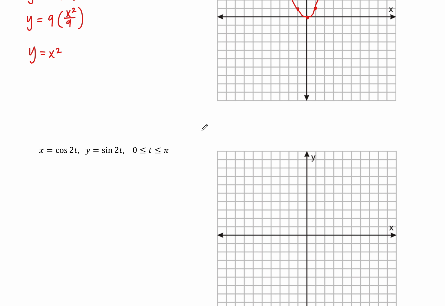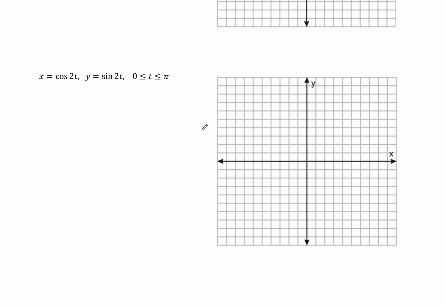So now let's look at a second one here. Here we do have a starting and ending point on our parameter interval. It says x is cosine of 2t, y is sine of 2t, and t goes between 0 and pi.